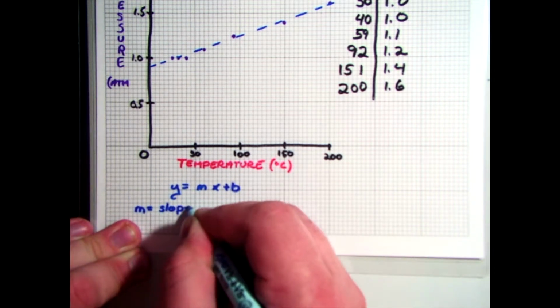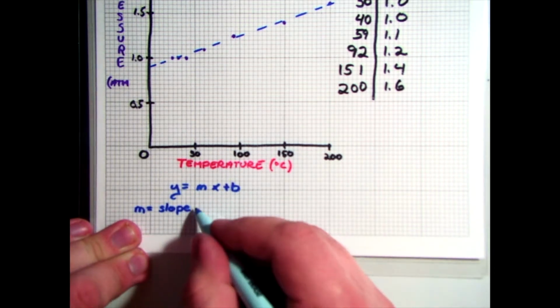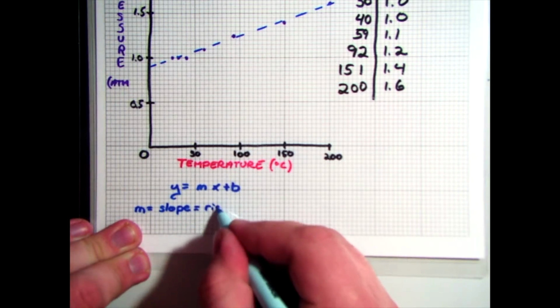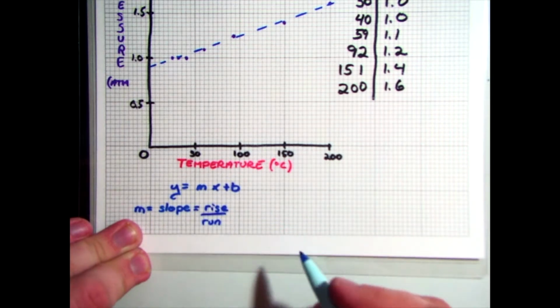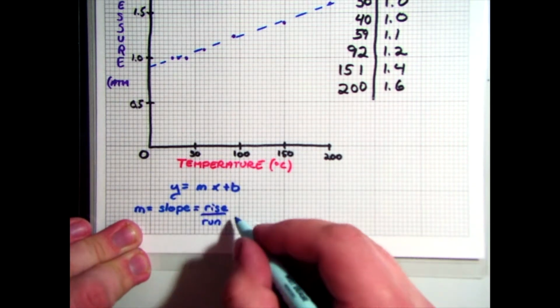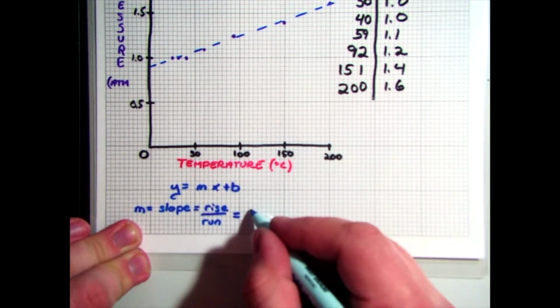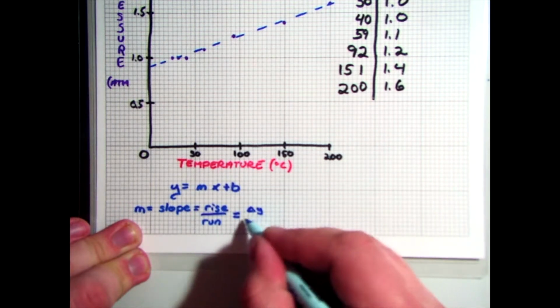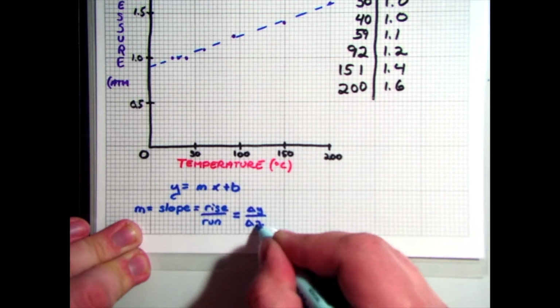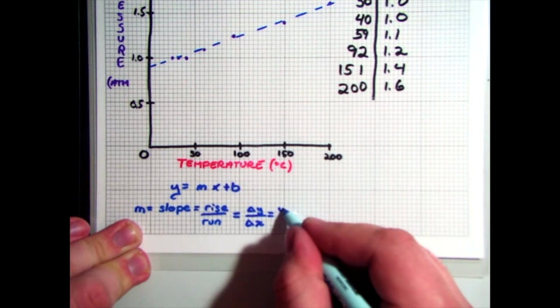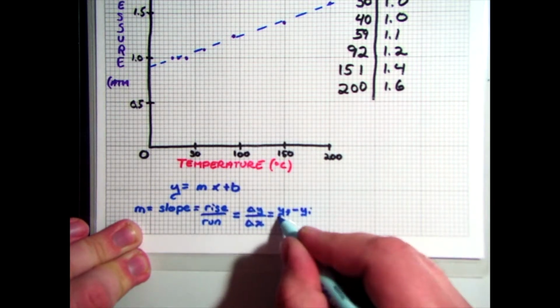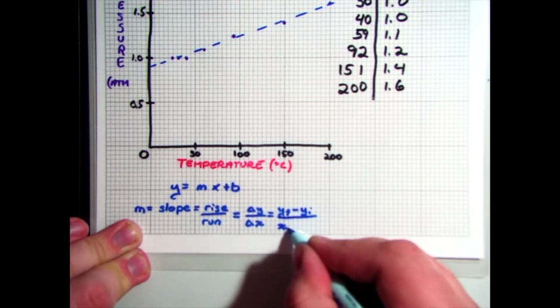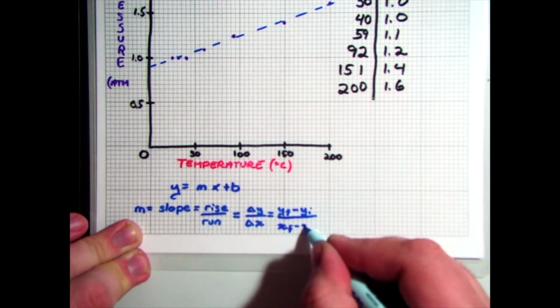And slope is calculated by taking the rise over the run. And the rise is equal to the change in y, or delta y, and run is delta x, or the change in x. And that's essentially the final of y minus the initial of y over the final of x minus the initial of x.